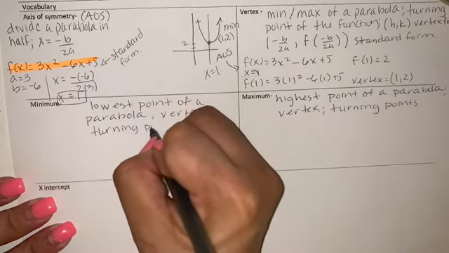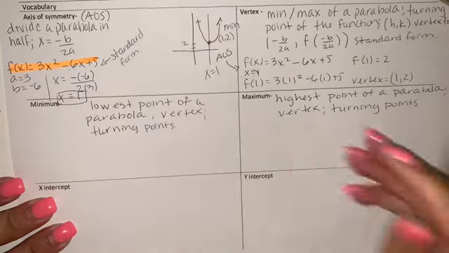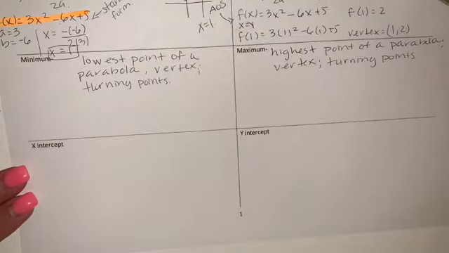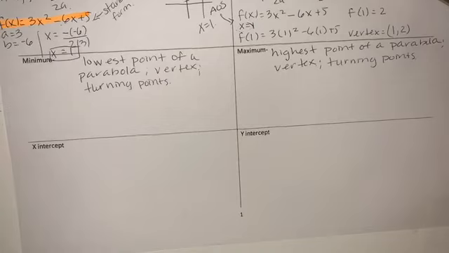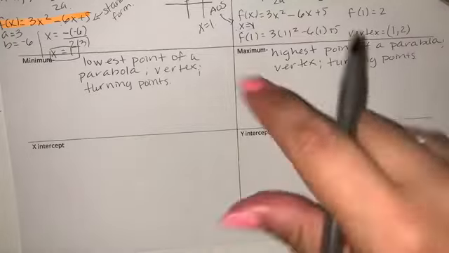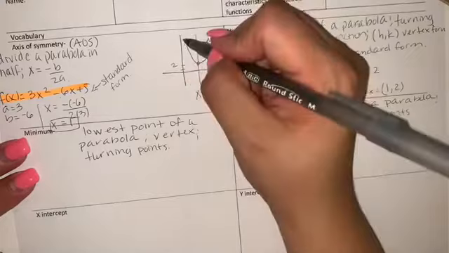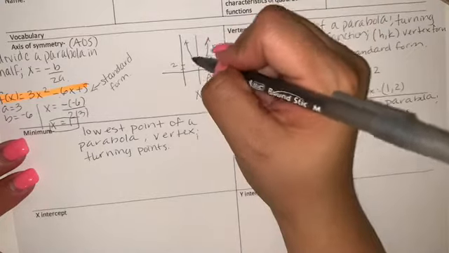Okay, and now you have your x and y intercepts. So x and y intercepts are pretty specific. So in this function that we've been using, we are going to only have a y-intercept.